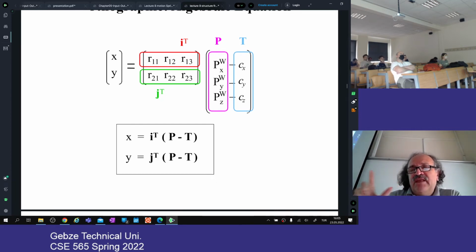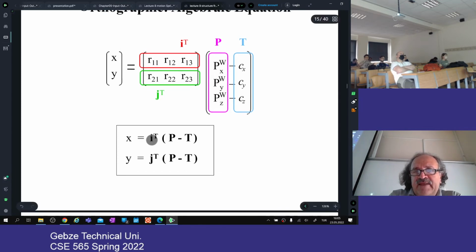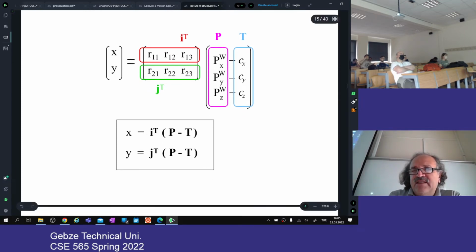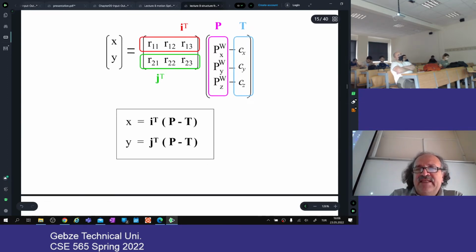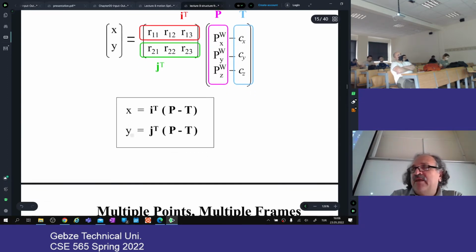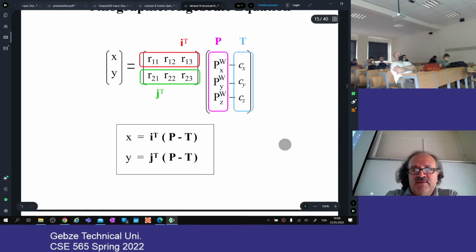For a given image, i and t are fixed. Of course, p changes. For each p, there is an x. For each p, there is a y.